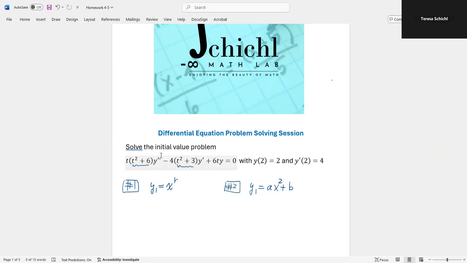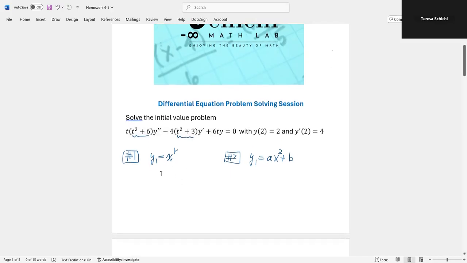I want you to see how easy or how difficult it is if you choose different solutions. We can still solve it to get the same solution, but one of them is very tedious, with a lot of algebra. So in the first video, I will choose the simple t to the r power.